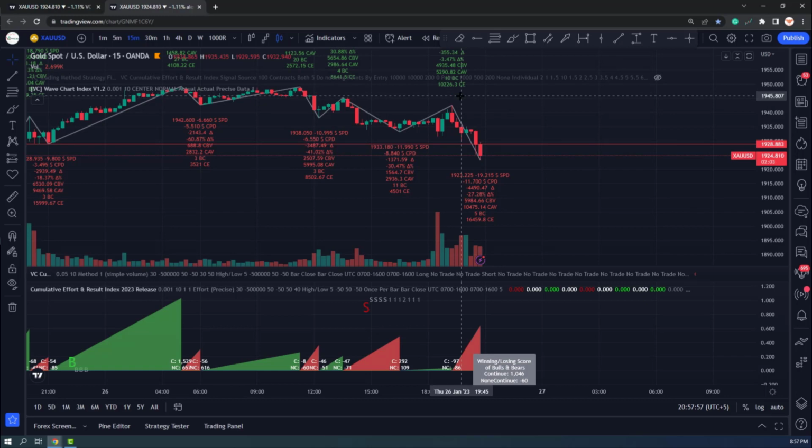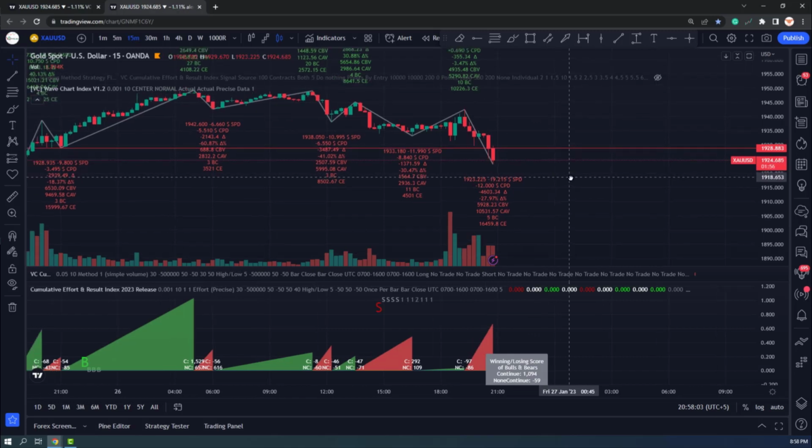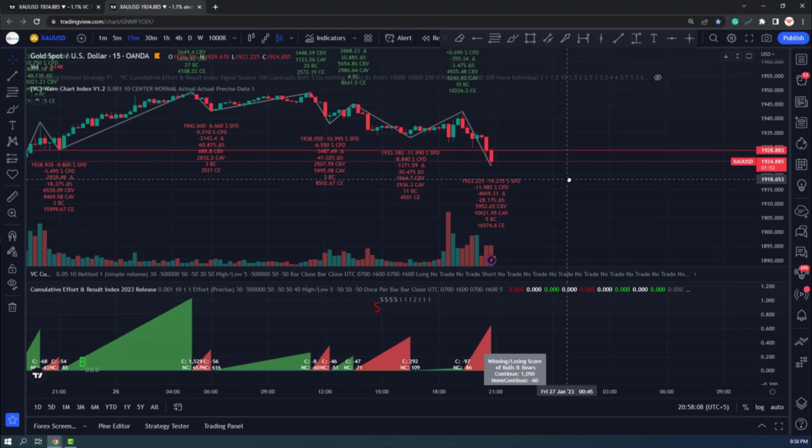You can say that this is an advanced and more precise way of order flow, where you are not just calculating the data of every candle, but you are analyzing the data of each wave.